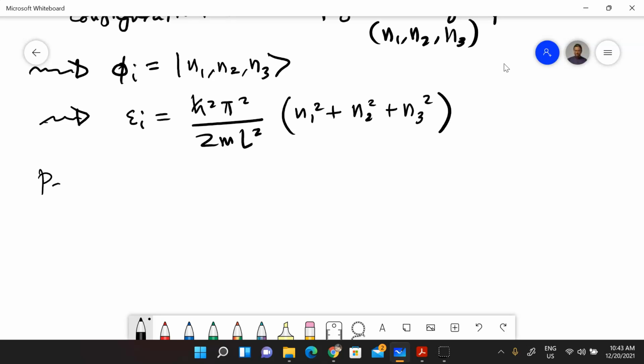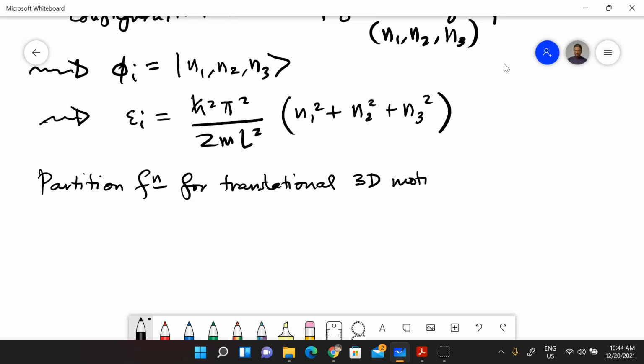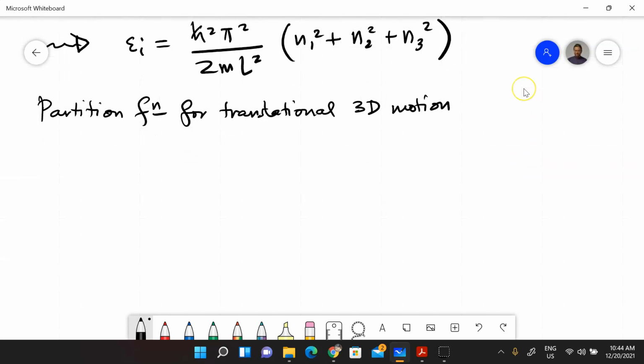So the partition function over here is for translational 3D motion, where for each degree of freedom there is the possibility of translation in that direction. So let me write down what it is.